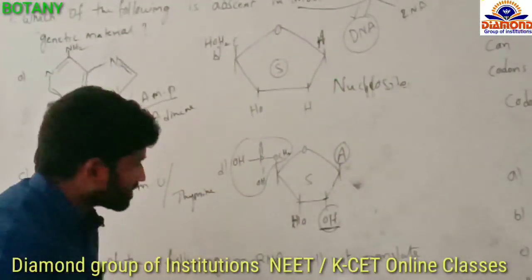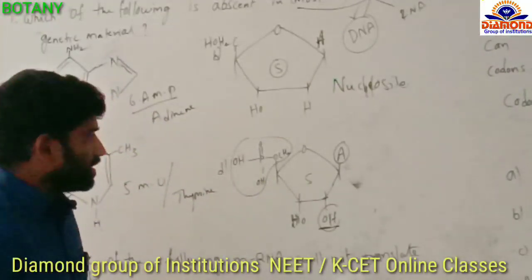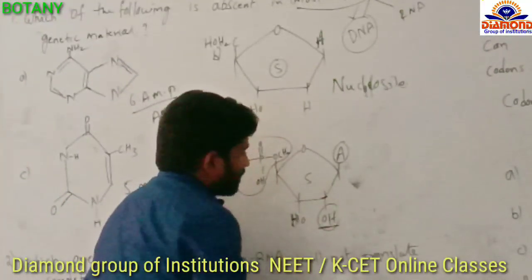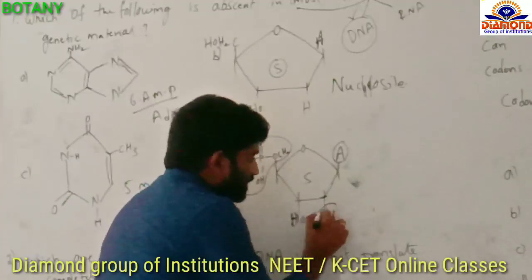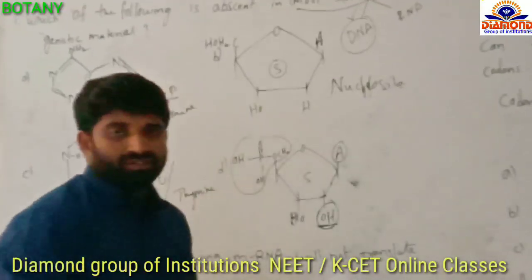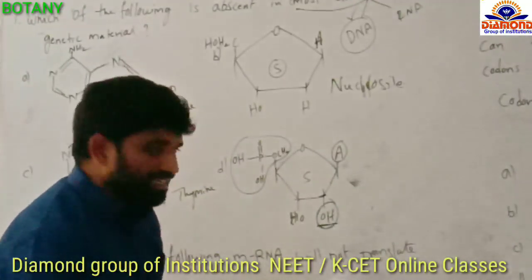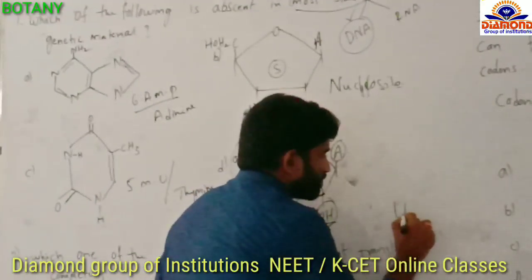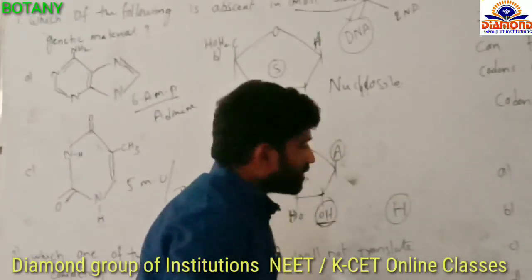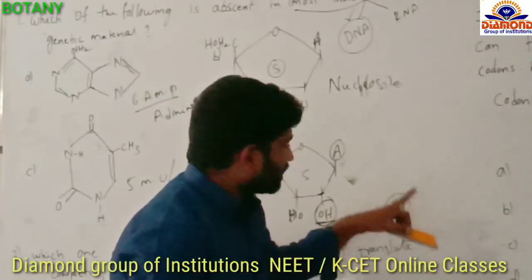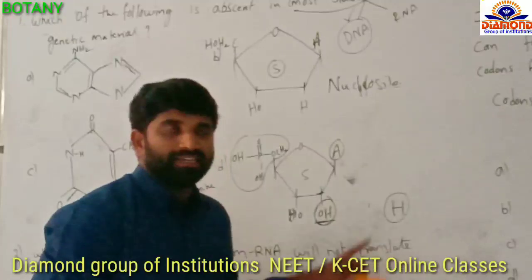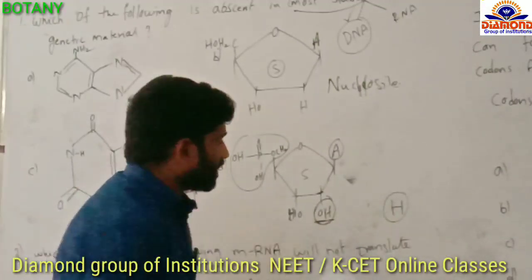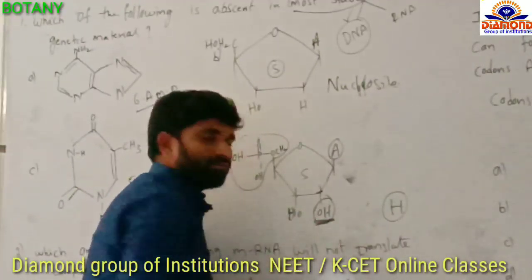By seeing the structure of the sugar molecule, at the second carbon atom of the sugar, a hydroxyl group is mentioned. Actually, in DNA, instead of the hydroxyl group, a hydrogen will be present. If hydrogen is present, that sugar is seen in DNA.